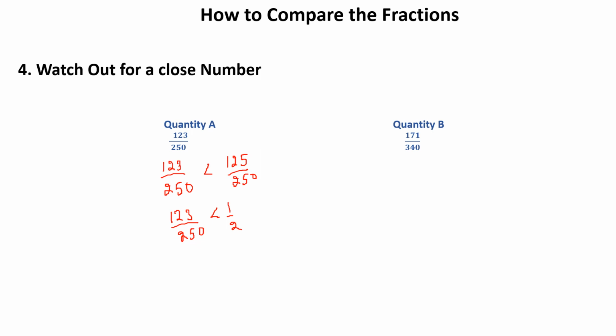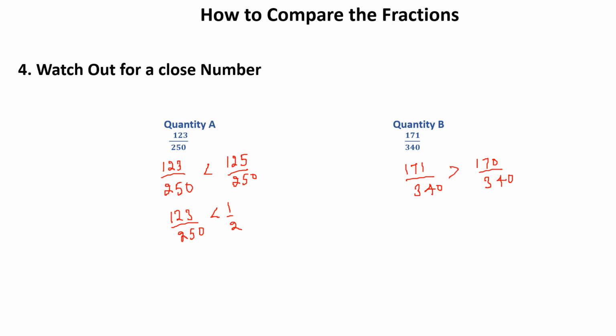So here 171 over 340. Now if I compare it with 1 by 2, that means I'm comparing it basically with 170 by 340, right? Now out of these two fractions, which one is greater? Yes, 171 by 340, because same denominator. So the fraction which has the greater numerator has the greater fraction value.